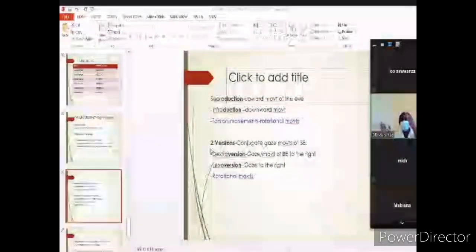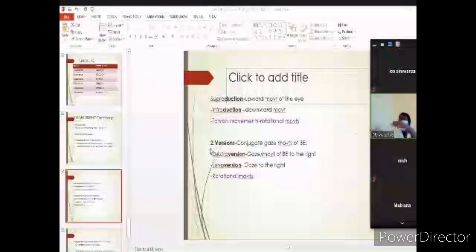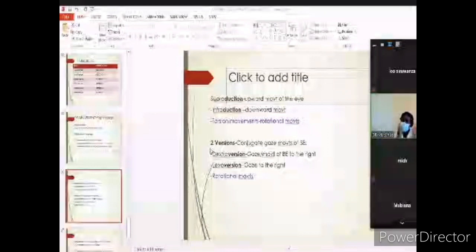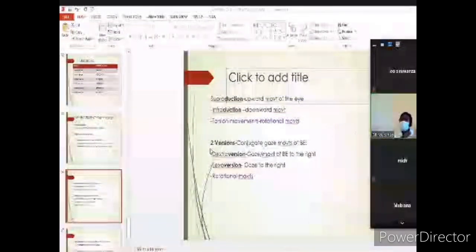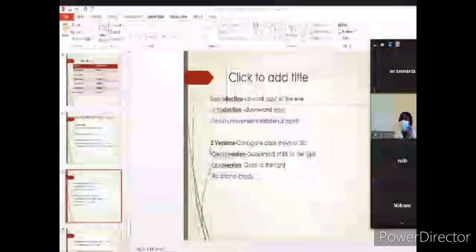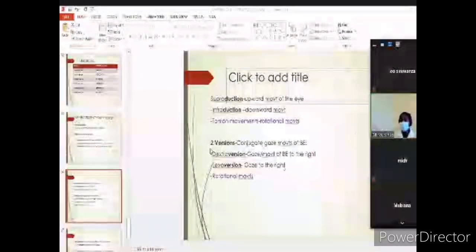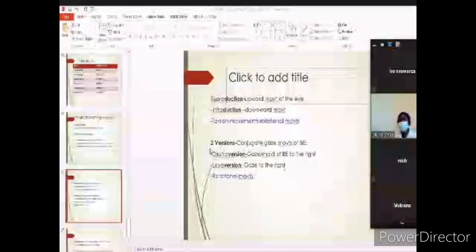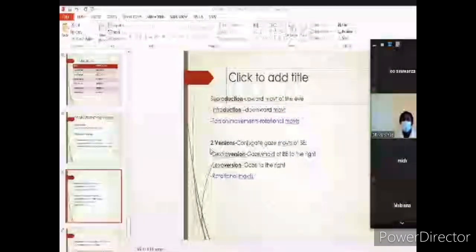That is called dextroversion, dextro, right. When they move to the left, that's levoversion, to the left, sorry. Point of correction, levoversion is gaze to the left. Okay, please make that correction. Dextro, right. Levo, left. L for left, okay.